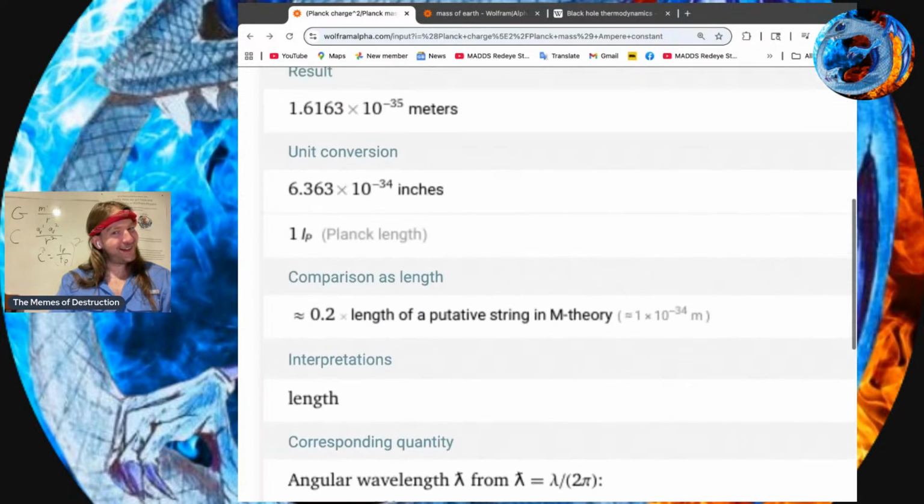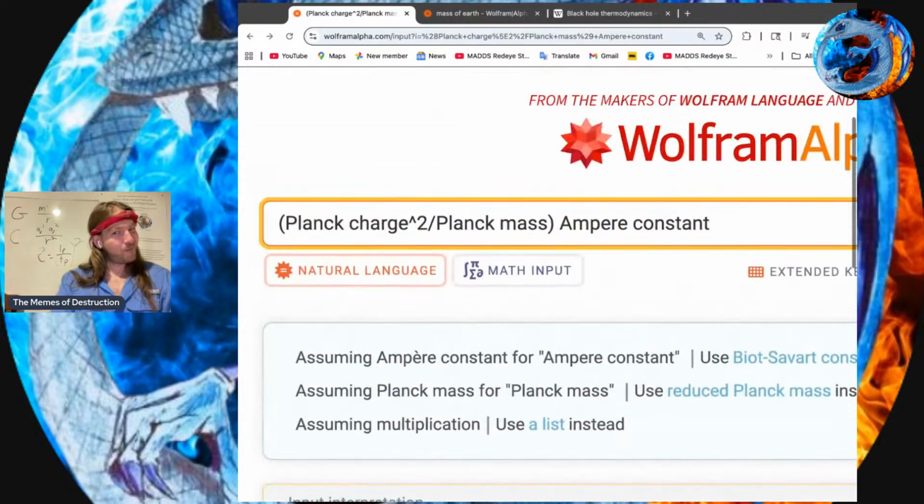Very neat. Now, you might ask, I say there's like 5 dimensions, like that has been said. Well, the next dimension is charge. If you were to just take charge there, it's just going to give you a Planck charge to the first.